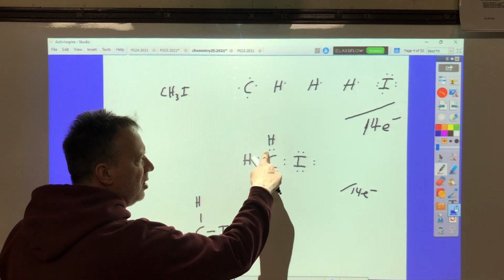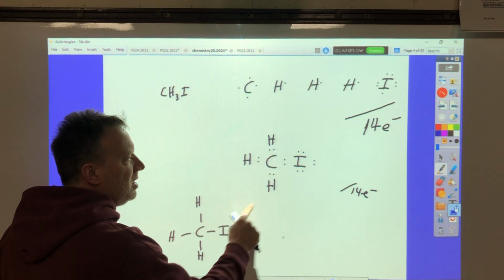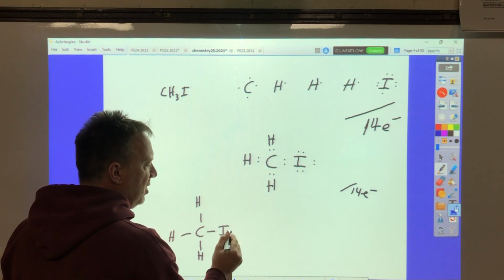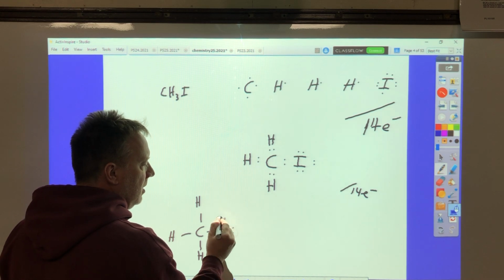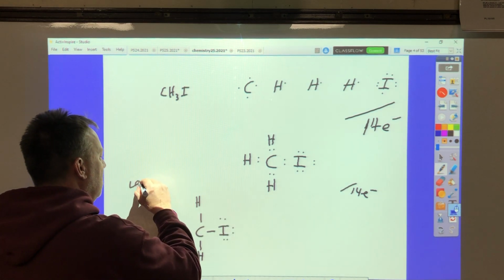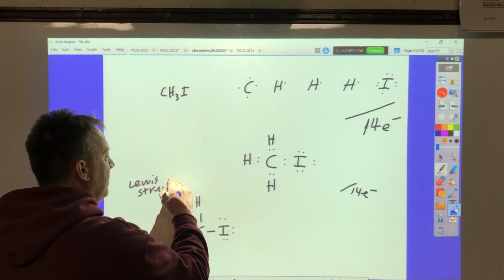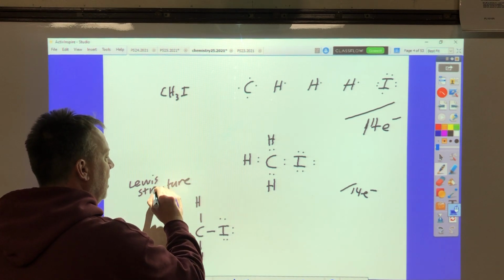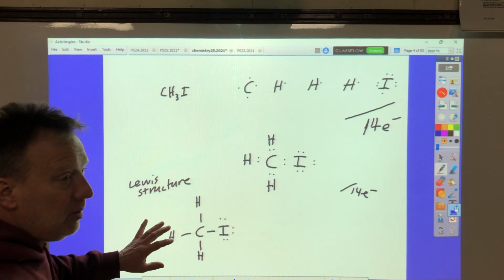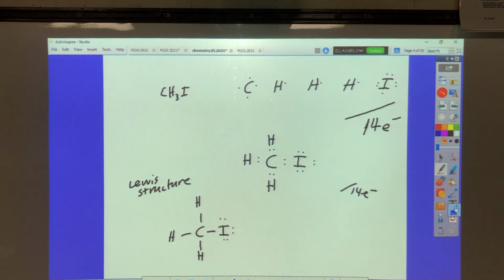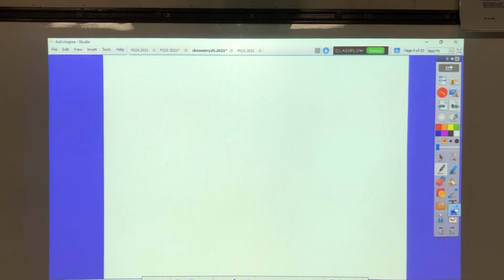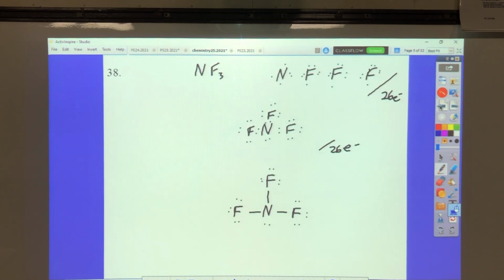These are shared, or sticks, and the unshared pairs stay. And this is a Lewis structure. I've got to see how the book does Lewis structures differing from these, but this is typically how it's done. Looks like they did that one that way.